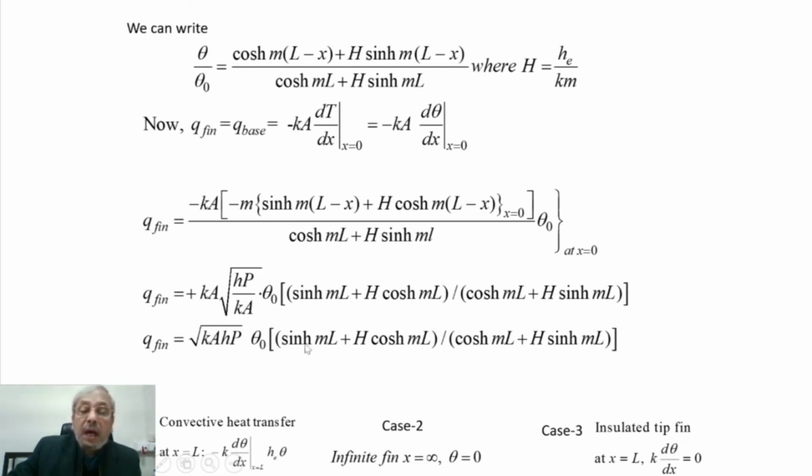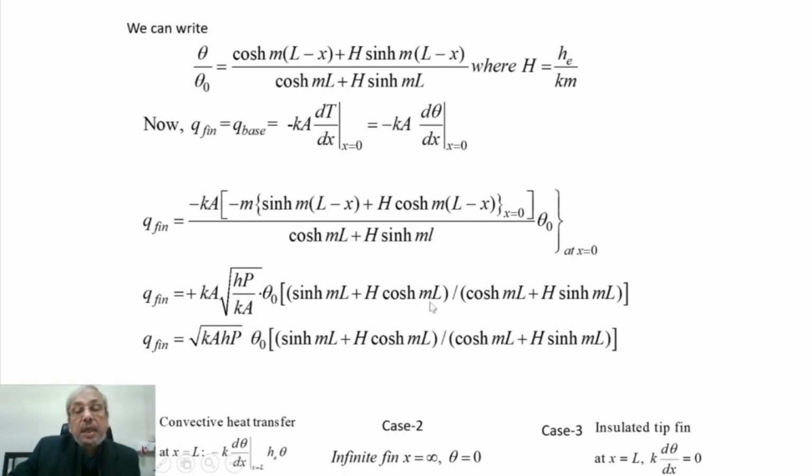So this is the consolidated expression for Q fin. Root over kAhP, where k is the thermal conductivity, A is the area, h is the heat transfer coefficient, P is the perimeter, root kAhP into theta naught multiplied by the hyperbolic function, sinh mL plus H cosh mL divided by cosh mL plus H sinh mL.